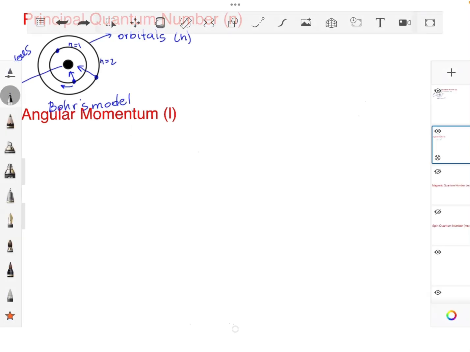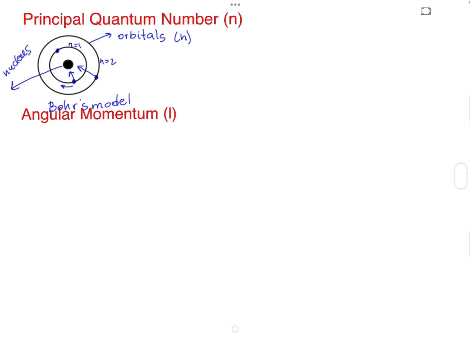And what exactly are the shapes? The first one is not just a line, not just a ring. You can imagine it as a sphere. Call it the S orbital.